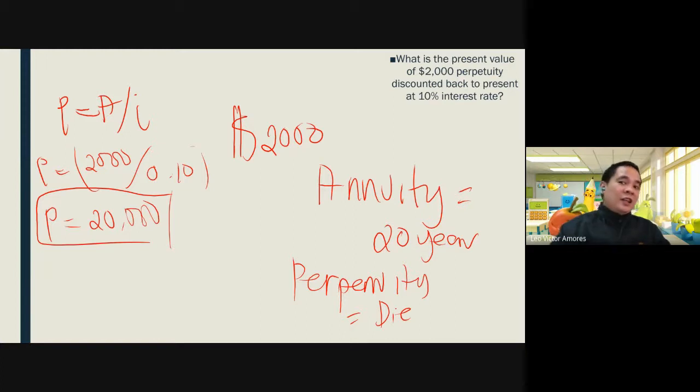That is until the day you die. And if you die earlier and you have children below 21 years old, the children will receive your pension until they reach 21 years old. It stops when the children are already at 21 years old.